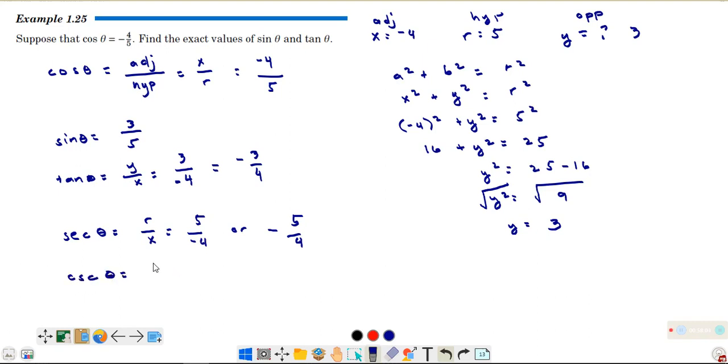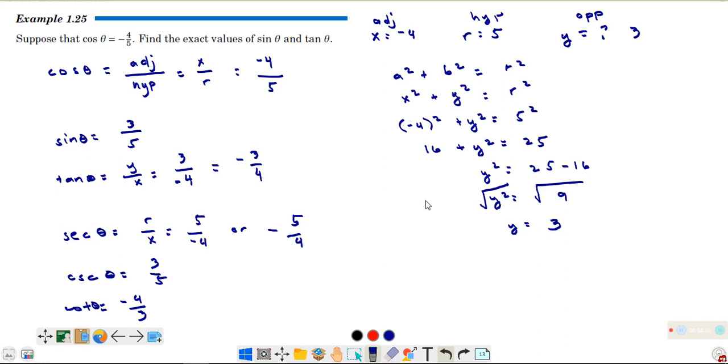Cosecant theta is 3 over 5. And then cotangent, baligtarin natin si tangent. Cotangent theta is negative 4 over 3. So, this is the complete list for the trigonometric function values of the angle theta with cosine theta is equal to negative 4 over 5.